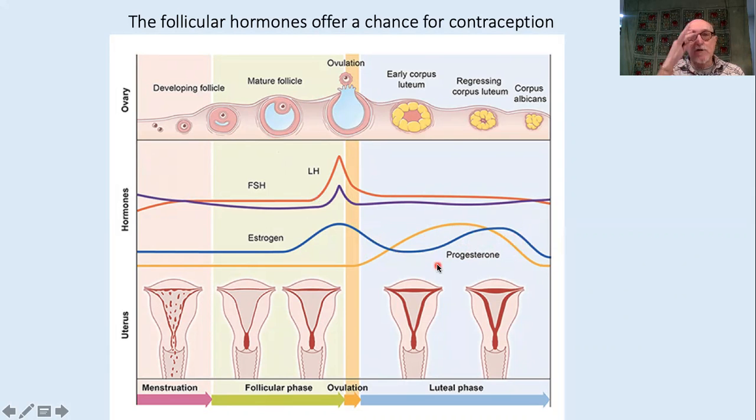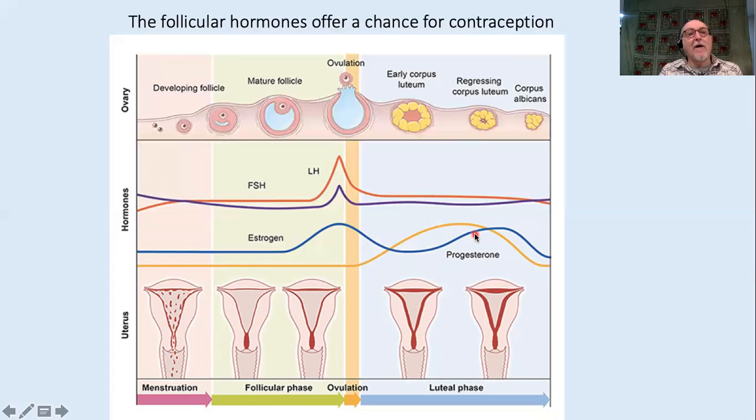So the way that most oral contraceptives are formulated is that they maintain a certain level of endometrium. It's not full endometrial development on the uterus. And then at the end, so you take pills for 23 days or whatever, no ovulation will take place because these levels are high. The body thinks that there's a corpus luteum active.